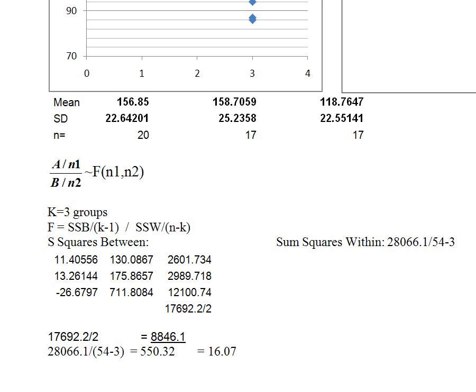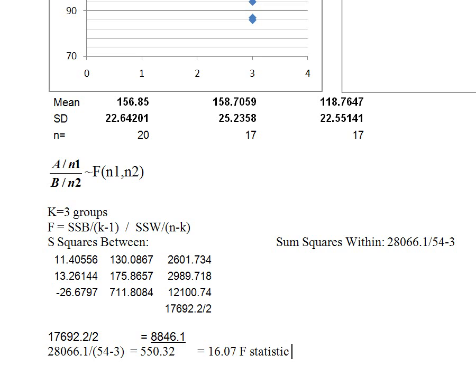And if we do this, on the top of our calculation we get about 8,846, and on the bottom about 550. For an F statistic, now you know why we use computers to do this, an F statistic of 16.07.